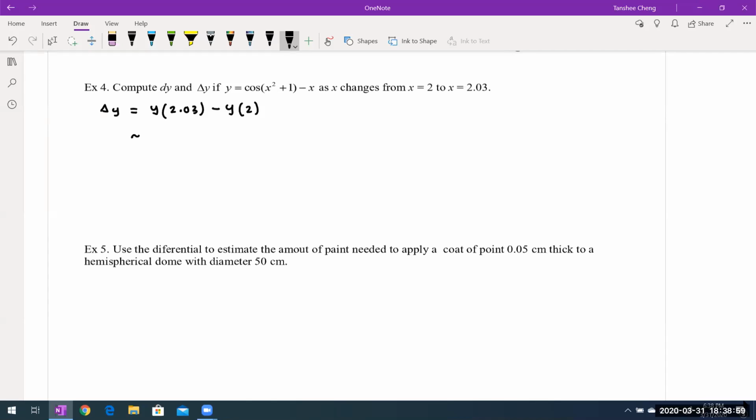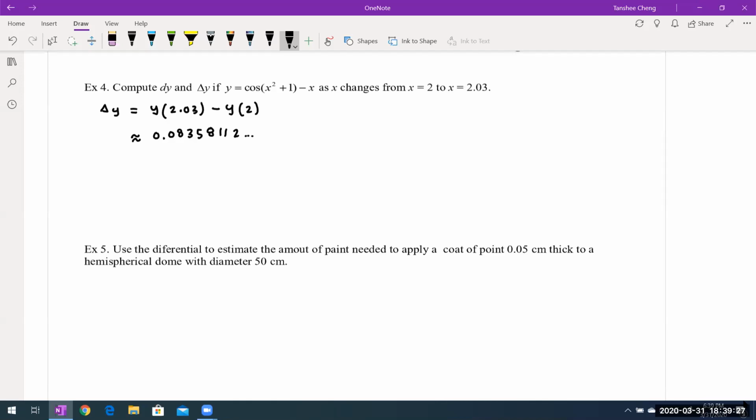So when I use my calculator and approximate it, make sure you put it into radian mode, because the sine and cosine are radian functions. So this gives me 0.0835812 dot dot dot. I got this.